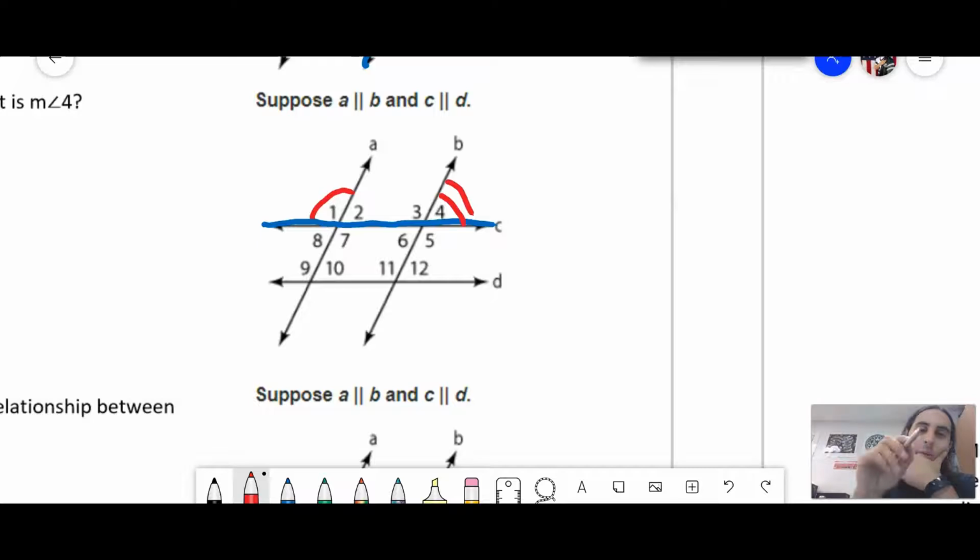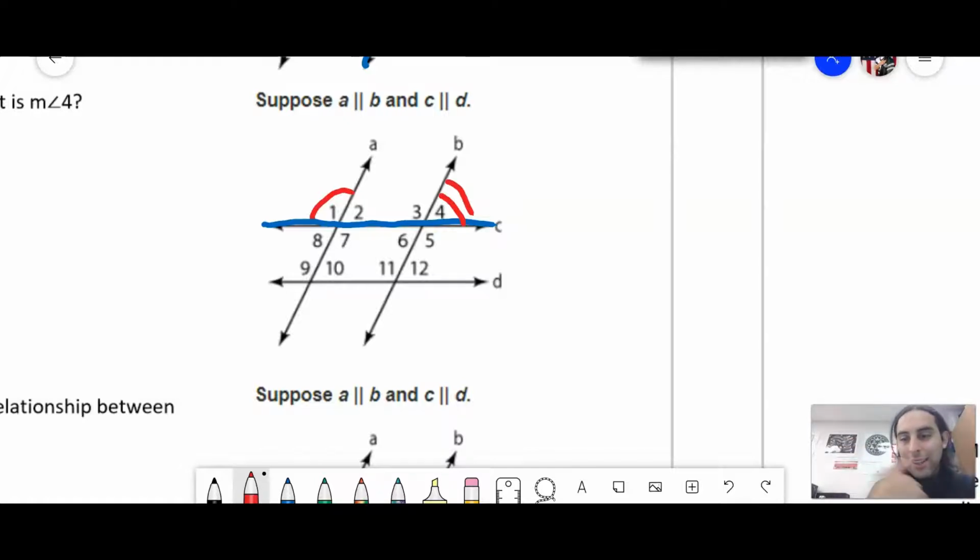Now, you might wonder why I put 2 arcs on that. Angle 1 is bigger than 90, that's obtuse, and angle 4 is less than 90, that's acute, right? Those angles don't even look the same, and they're not the same. And let's talk about what these are.